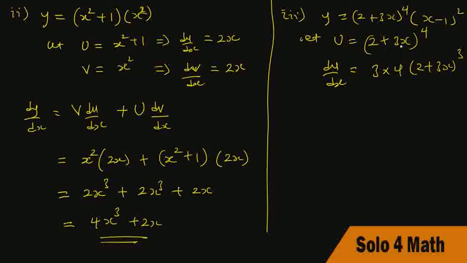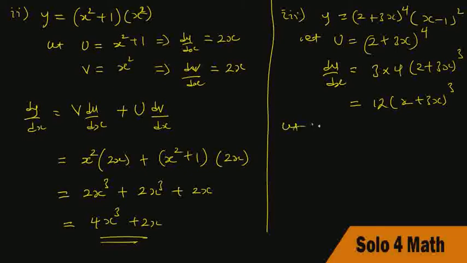When you differentiate it, you get a 3. Put the 3 out. So times, now drop the power of the bracket, which is 4. It comes down, and then you write the bracket and give it a new power of 4 minus 1, giving us a 3. That is in brief the chain rule. So this is 12 into (2 plus 3x) cubed.